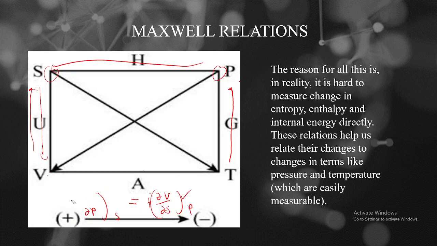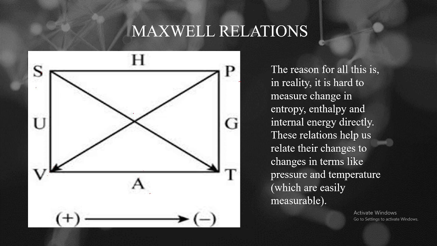And finally, we can start from P, and we'll end up getting equation 1b. So if I'm starting from P, it's going to be del P, then del S at constant V, ends at an arrowhead, so negative, is equal to del T. So I add the last letter and I go in the reverse now.